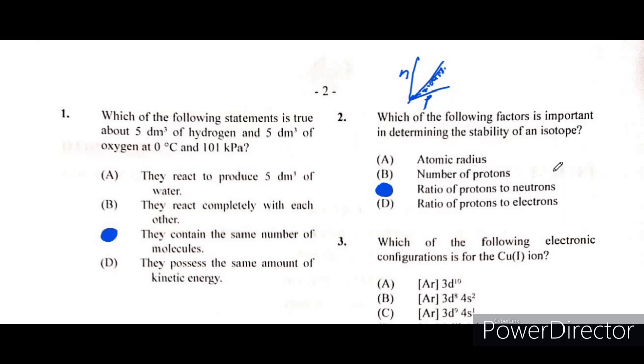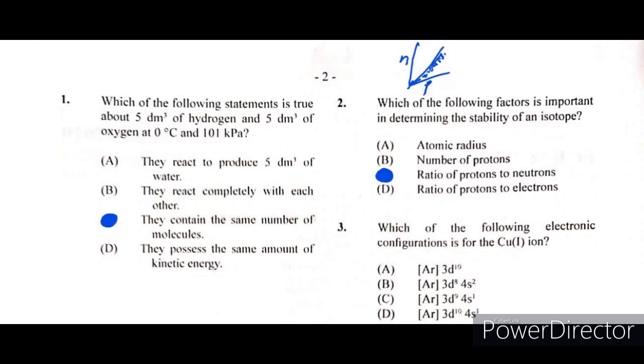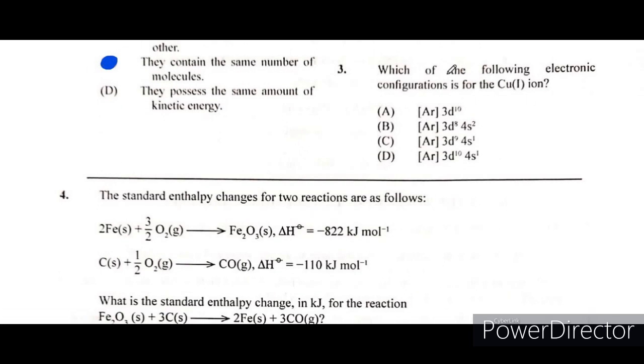Number 3, which of the following electronic configurations is for the copper 1 ion? That is the Cu plus 1 or 1 plus ion.